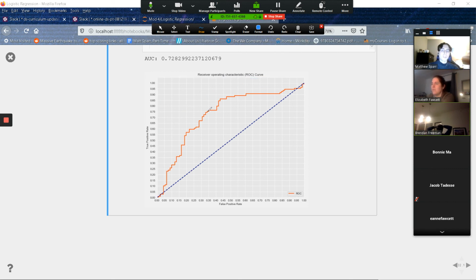Typically the threshold of 0.5 is going to leave you with a point somewhere here, the point furthest in this direction. But depending on your situation, if you care more about false positives or false negatives, you can move in either direction, sacrificing something but gaining something else.